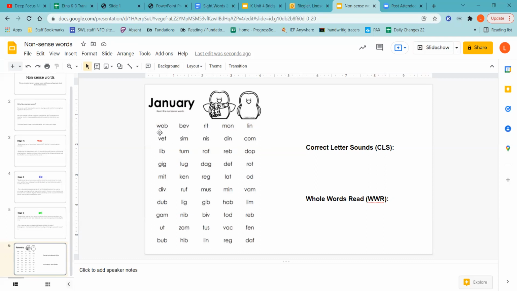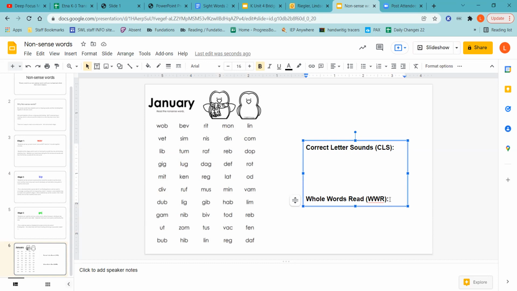If your student is able to read words without sounding out, you can give them a whole word read point. I would get 1 point for the word wob, 1 point for the word bev, 1 point for the word writ, 1 point for the word mon, and 1 point for the word lin. That would give me 1, 2, 3, 4, 5. 5 whole words read points.